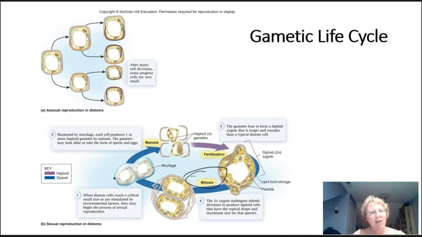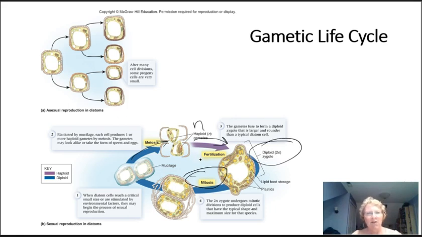But then when they reach a small size or environmental conditions get bad, the diatom cell undergoes meiosis to produce my haploid gametes. Haploid gametes combine. So two gametes combine to form my diploid zygote.